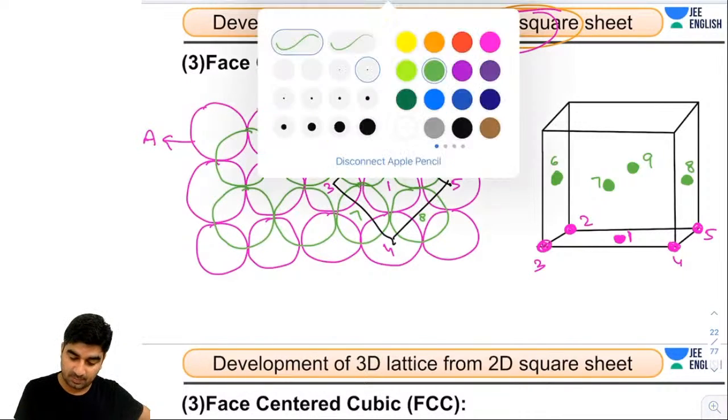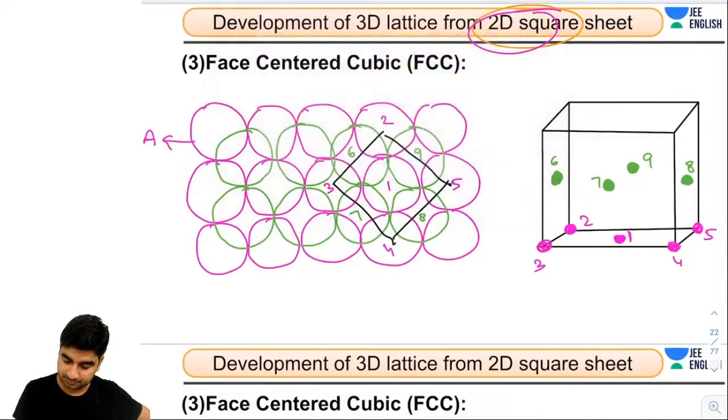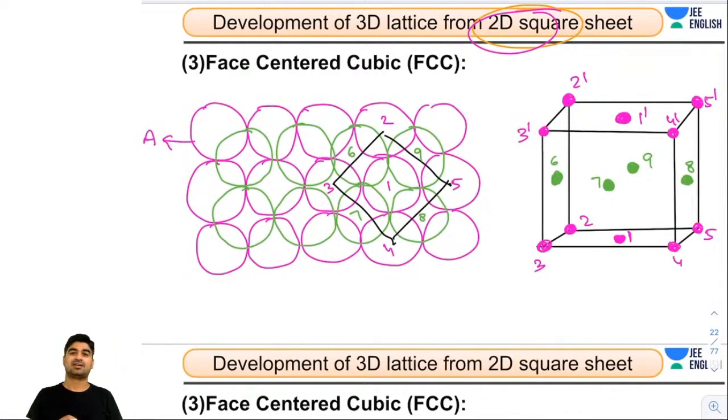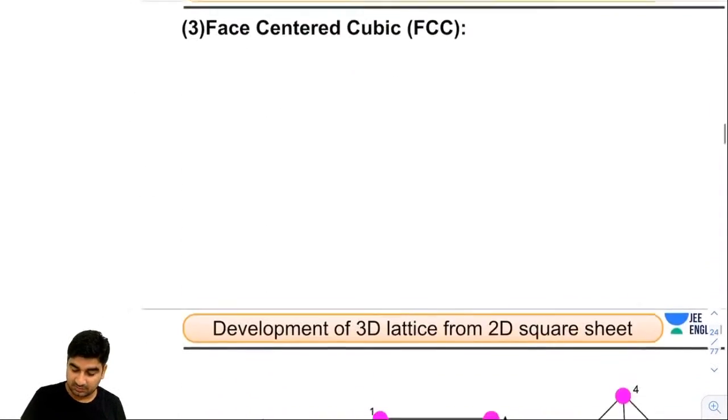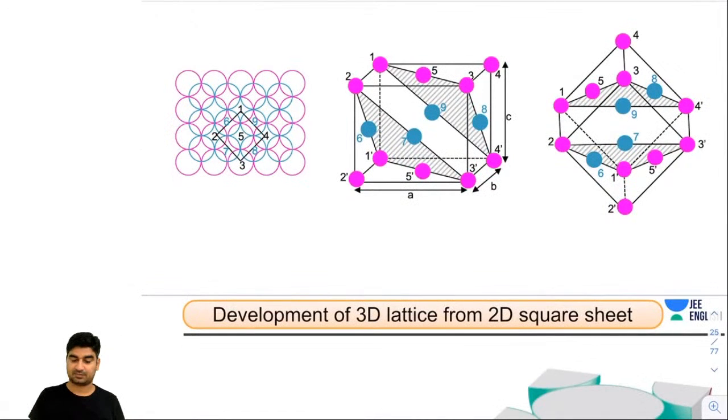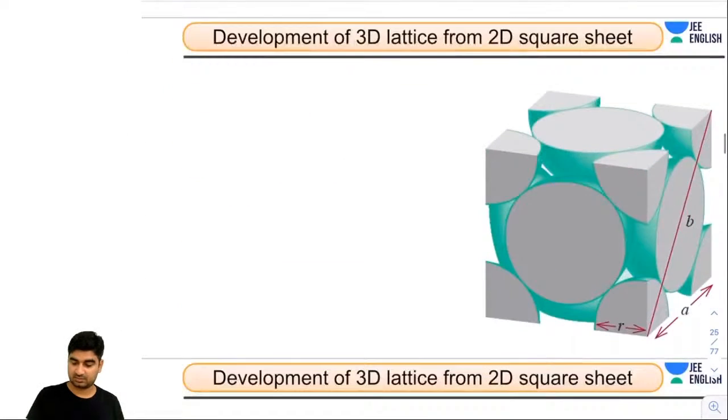And then again 2 dash, 3 dash, 4 dash, 5 dash, 1 dash. Yes. Note it down. And here you can see it.